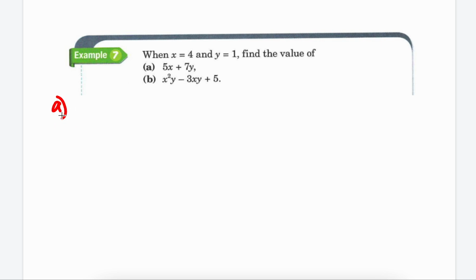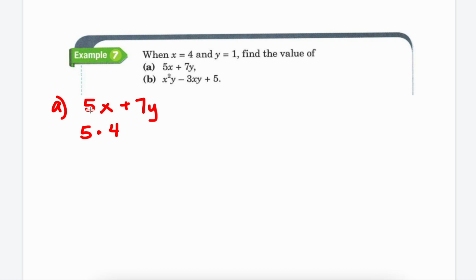Okay. Let's take a look at a then. So I'm going to first rewrite the algebraic expression down here so that I don't have to keep looking back and forth and then possibly make a wrong step. Okay, and then they said that x equals 4. So normally 5 is being multiplied by x. So now we're going to take that 5 and we're going to multiply by 4 because x equals 4.